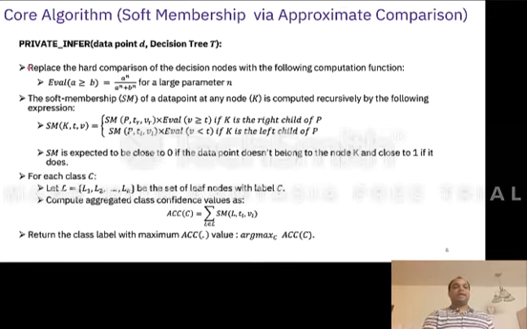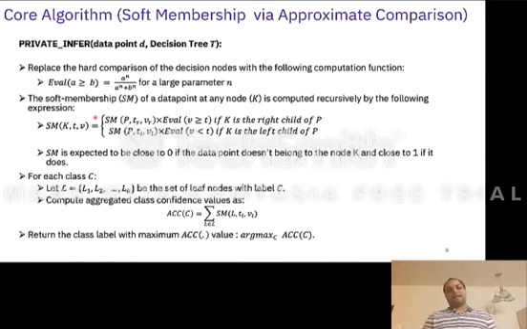Right? So the key idea is to replace the hard comparison of the decision tree nodes using this soft comparison function. So if you want to evaluate a greater than or equal to b, you simply evaluate a power n divided by a power n plus b power n. And this number would tend to 1 if a is greater than or equal to b, otherwise it would tend to 0.